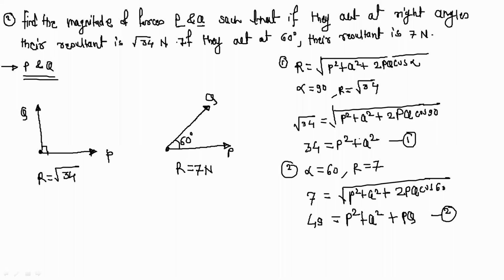Now from the first equation, put the value P square plus Q square is 34. So 49 is equal to 34 plus PQ.